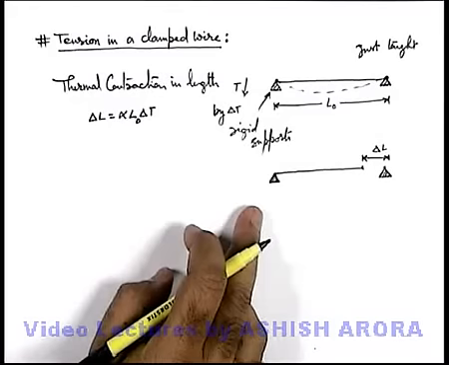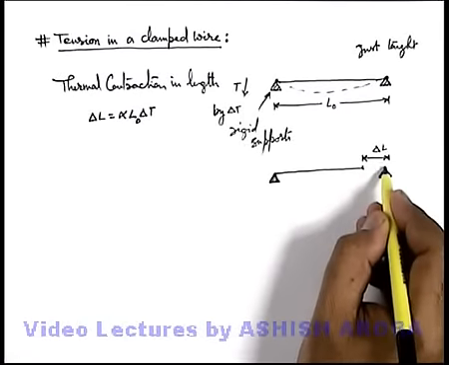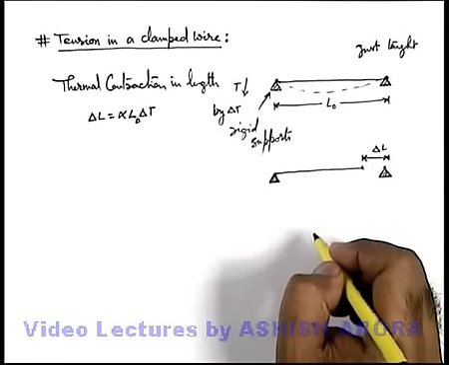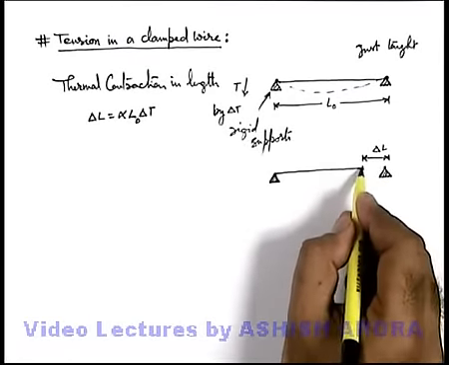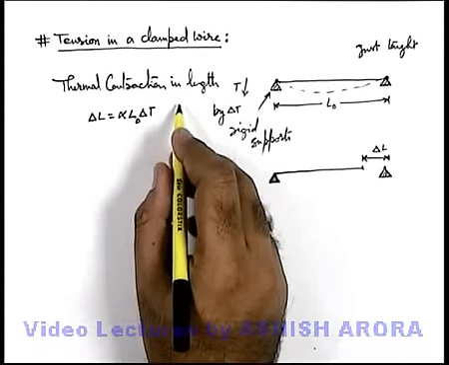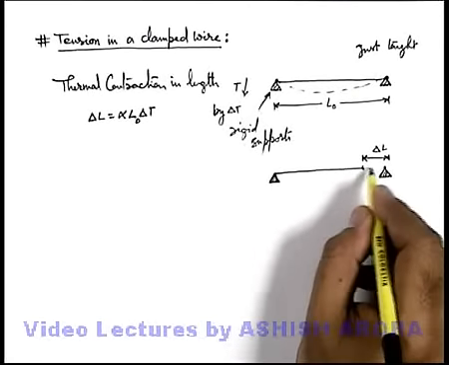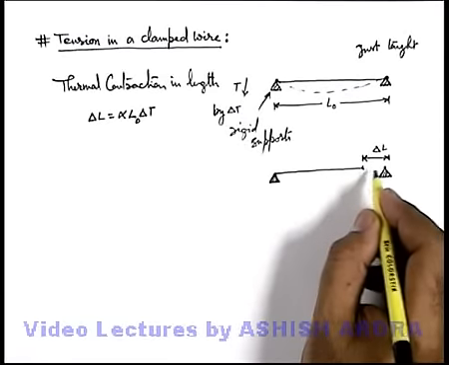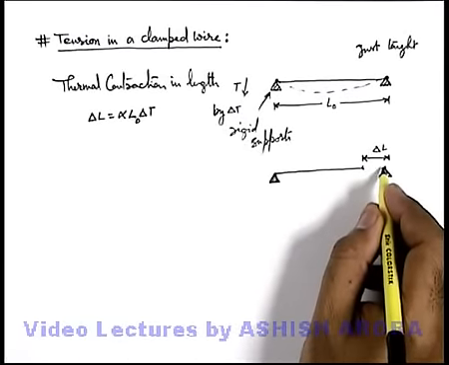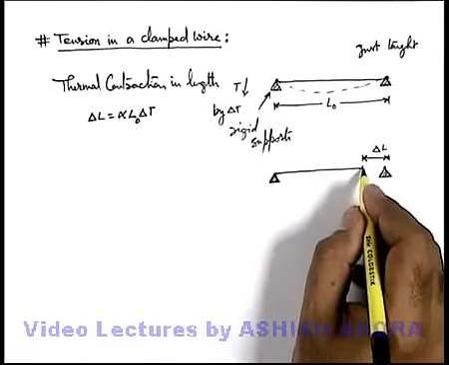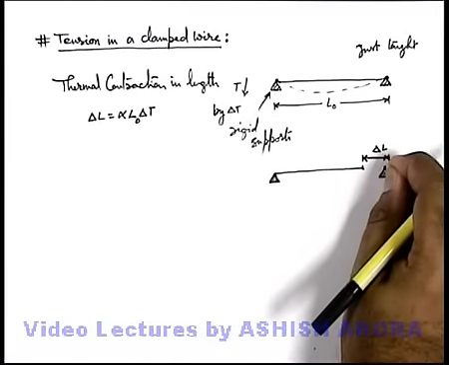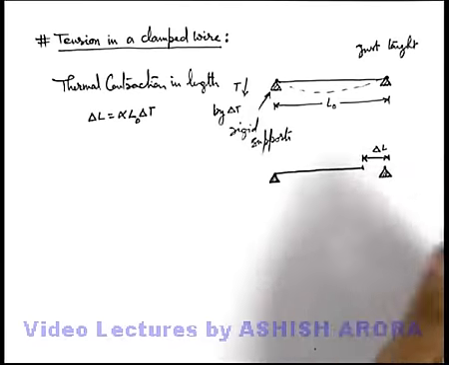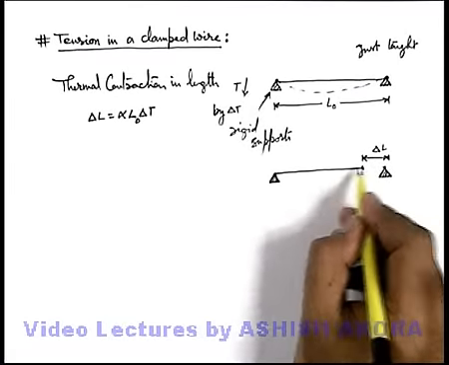In this situation, if it remains clamped at the rigid support, whichever length is contracted due to thermal contraction will be compensated by elastic expansion. Or you can assume that it is contracted, and if I hold this end and pull it and tie it up again at the rigid support, a tension is developed in it.